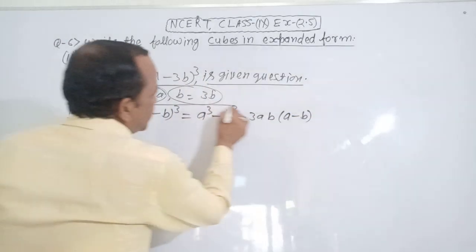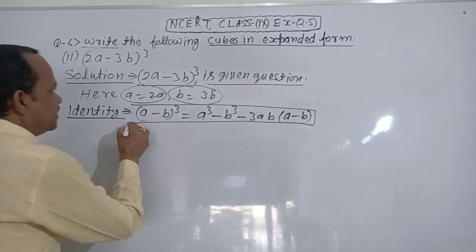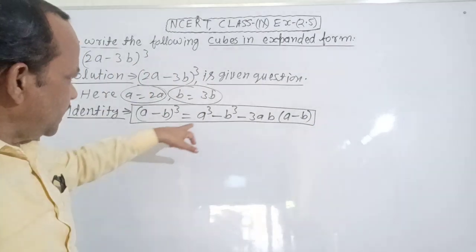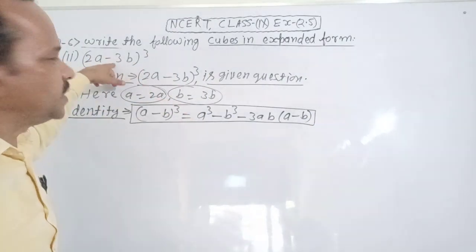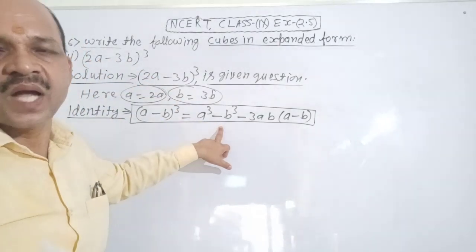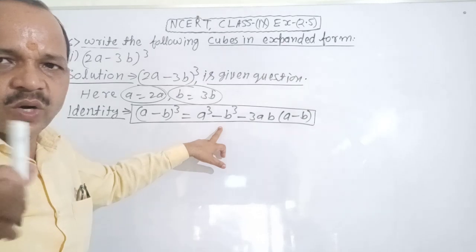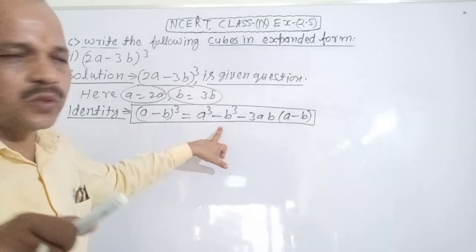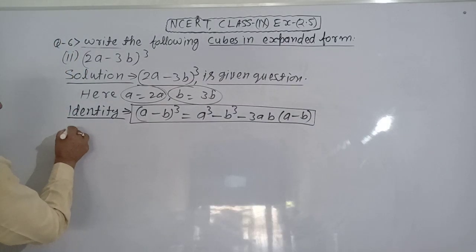It is the suitable identity for this question. You can solve this question with the help of this identity. Identity is clear? No confusion about it?